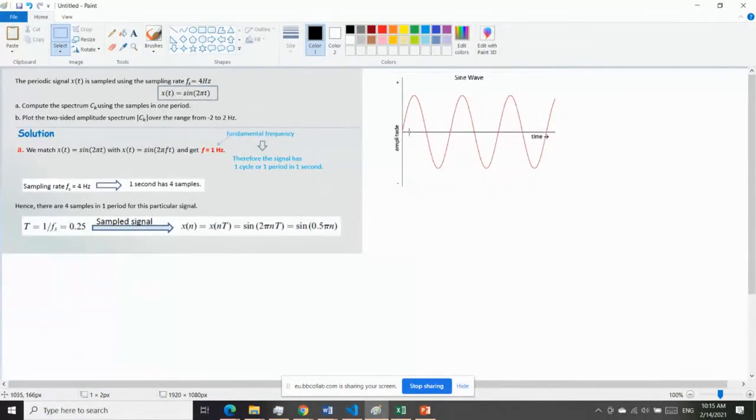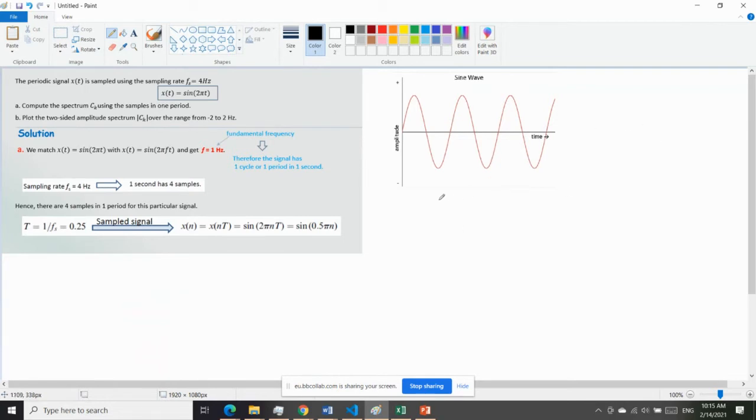Sine of 0 is 0. Then it repeats when t is equal to... so what is the period for this? Or the frequency. What's the frequency?